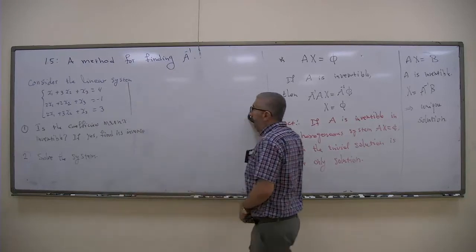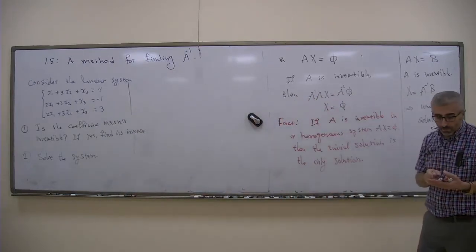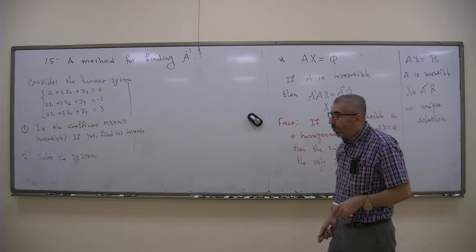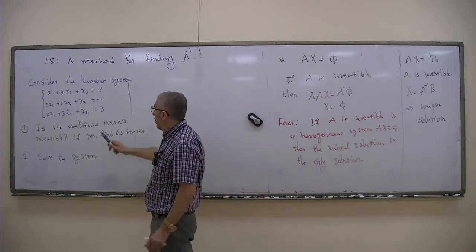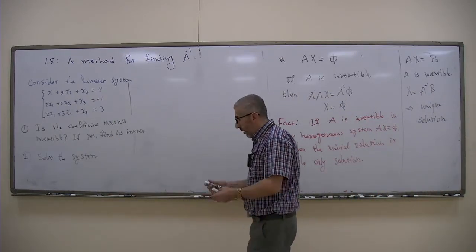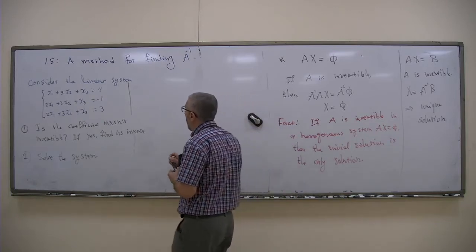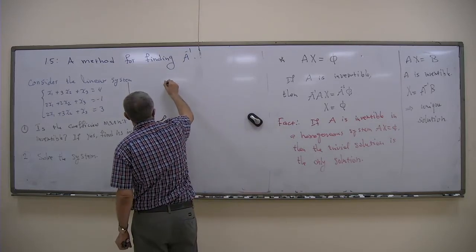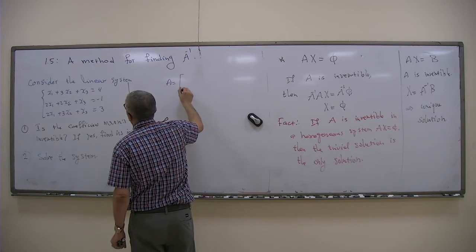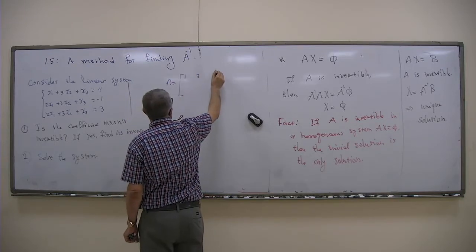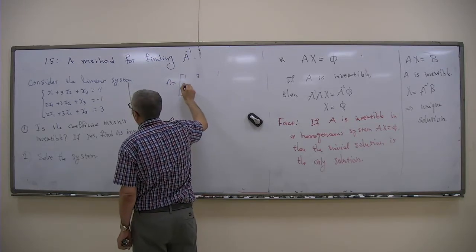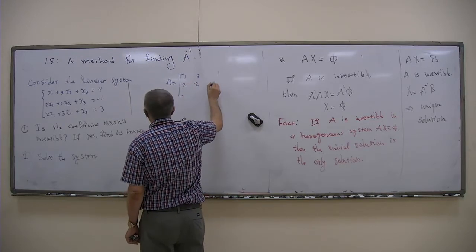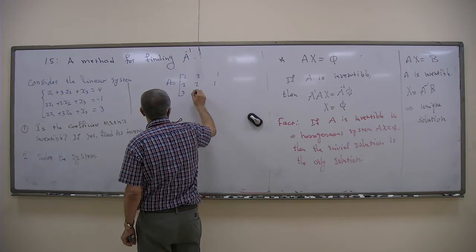All right, so how do we answer the first question? Well, so far we have only one method for answering the first question. So we write the coefficient matrix. Here it is. A equals 1, 3, 1, 2, 2, 1, 2, 3, 1.